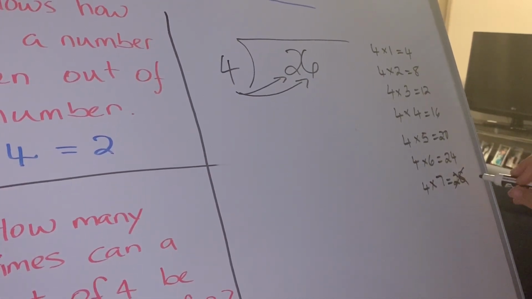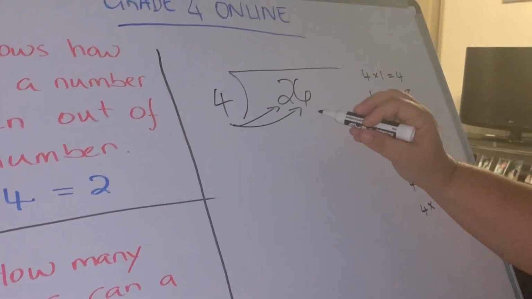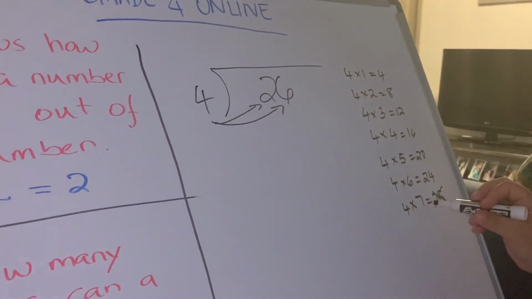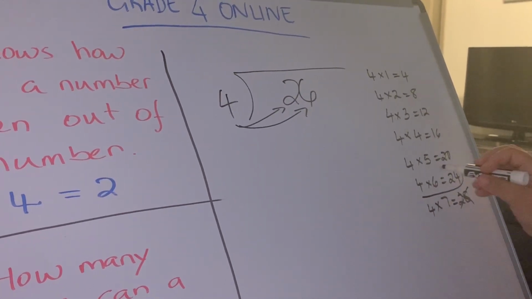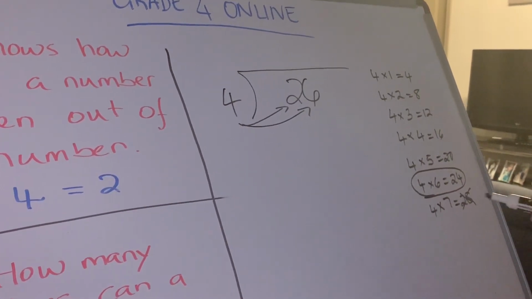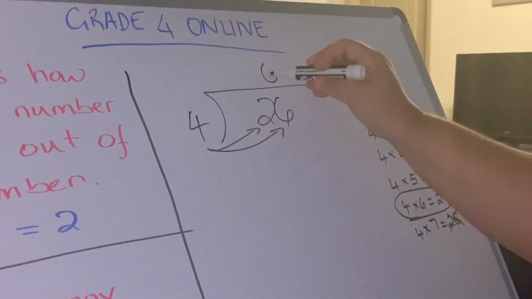Now 28 is a big red flag because 28 is bigger than 26. So we cannot take 4 out of 26 7 times. So it has to be that we're working with this level here. 4 into 24 goes 6 times.